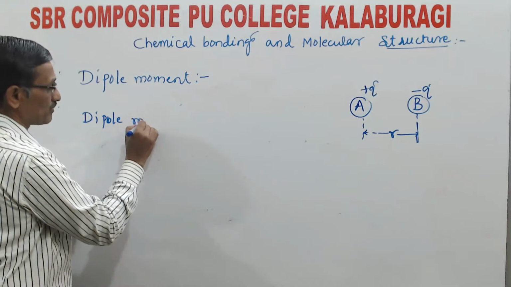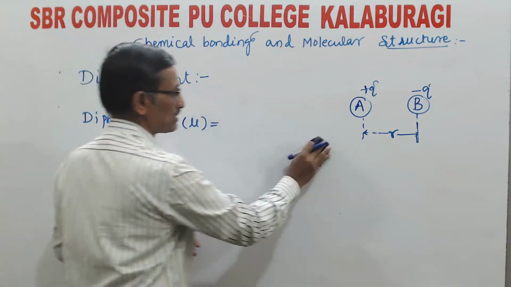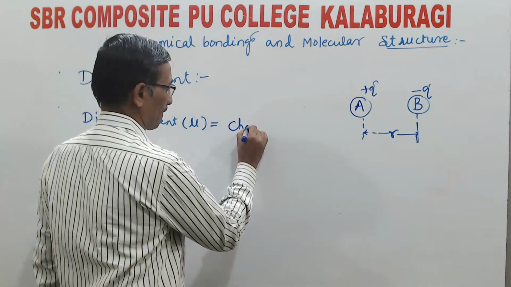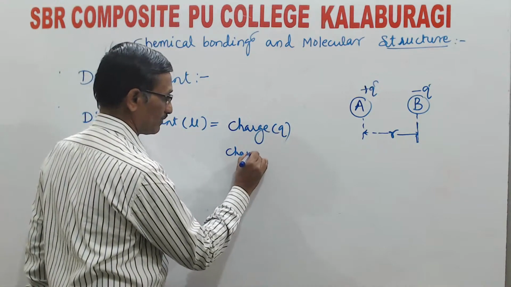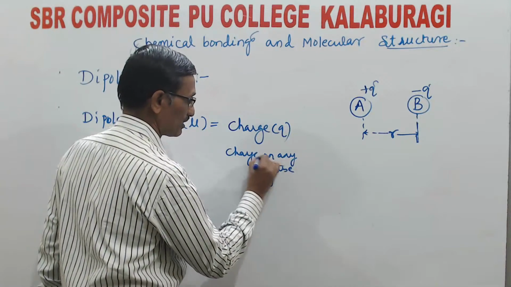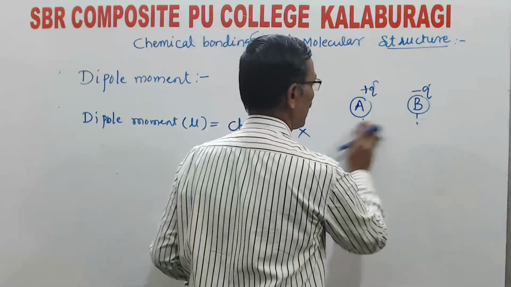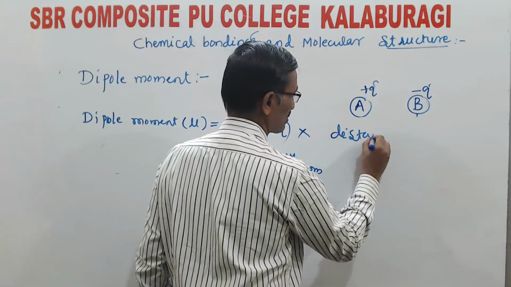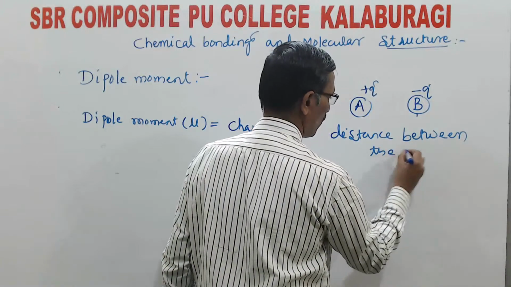Dipole moment is equal to Q, the charge on any of the atoms, multiplied by the distance between the two atoms.